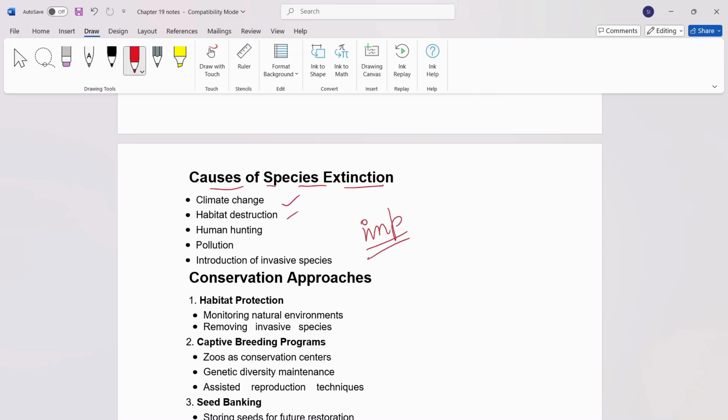Climate change, habitat destruction, human hunting, pollution, and introduction of invasive species. These are all the causes of extinction of species. Conservation approaches can be habitat protection, monitoring the natural environment, and removing invasive species.